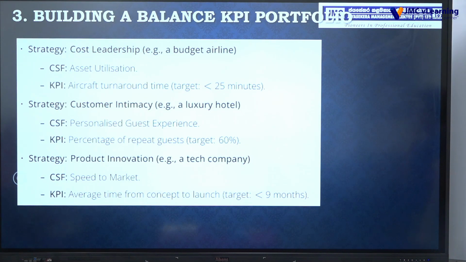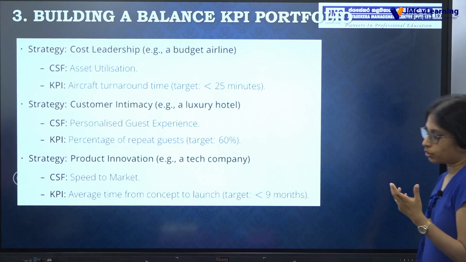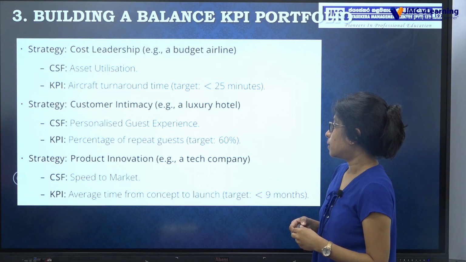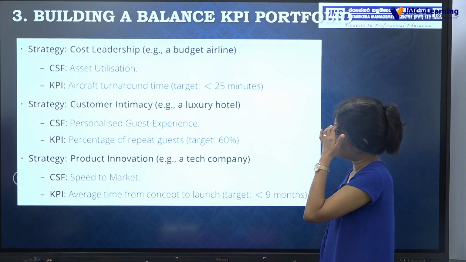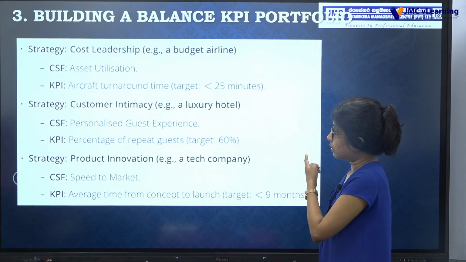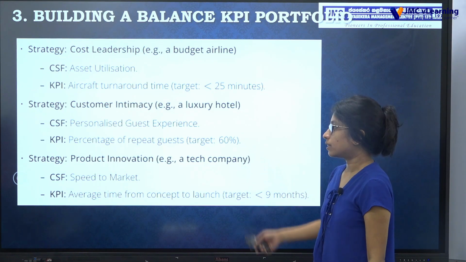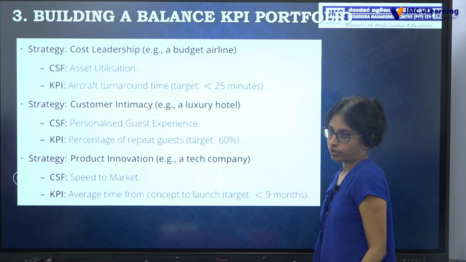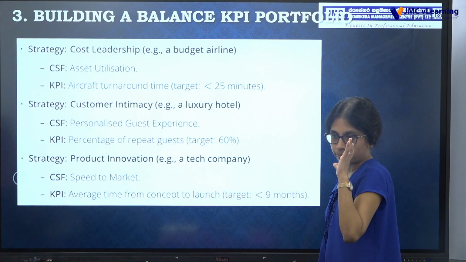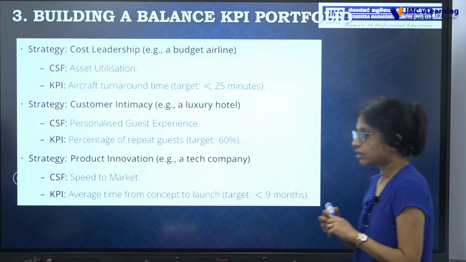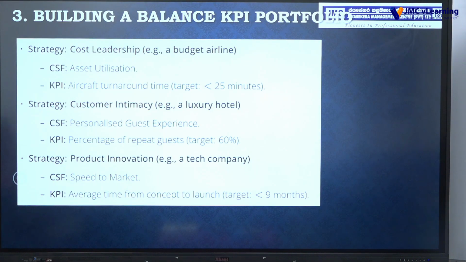Then customer intimacy, that means loyalty to a hotel, to a luxury hotel. Personalized guest experience, repeated guests, has to be at least 60% of the guests who have visited the hotel in 1 month.